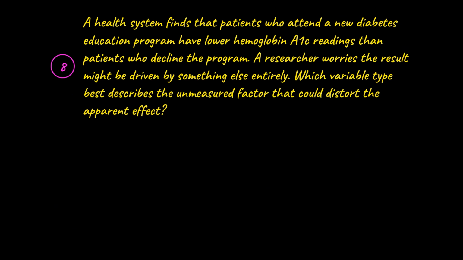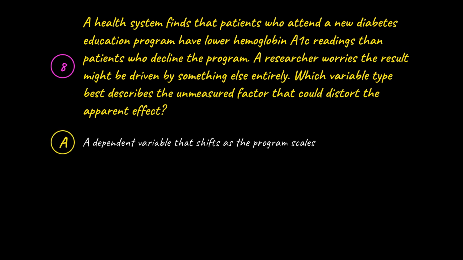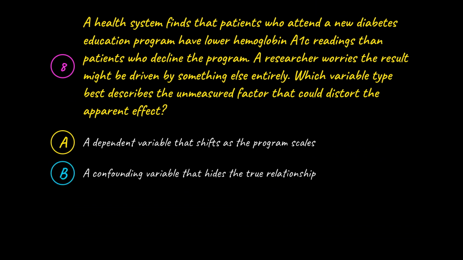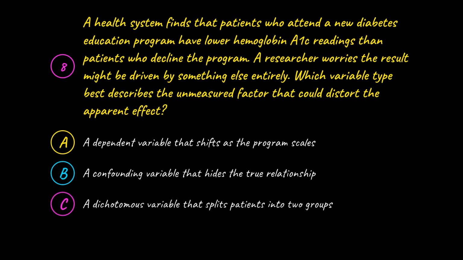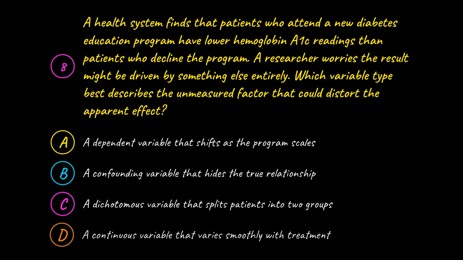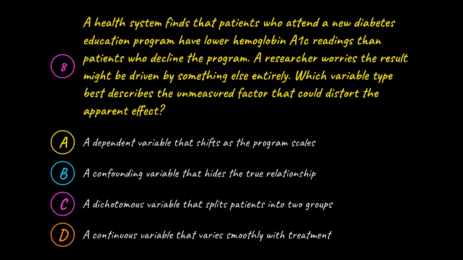Your options are A, a dependent variable that shifts as the program scales. B, a confounding variable that hides the true relationship. C, a dichotomous variable that splits patients into 2 groups. D, a continuous variable that varies smoothly with treatment. Got a guess? Lock it in.